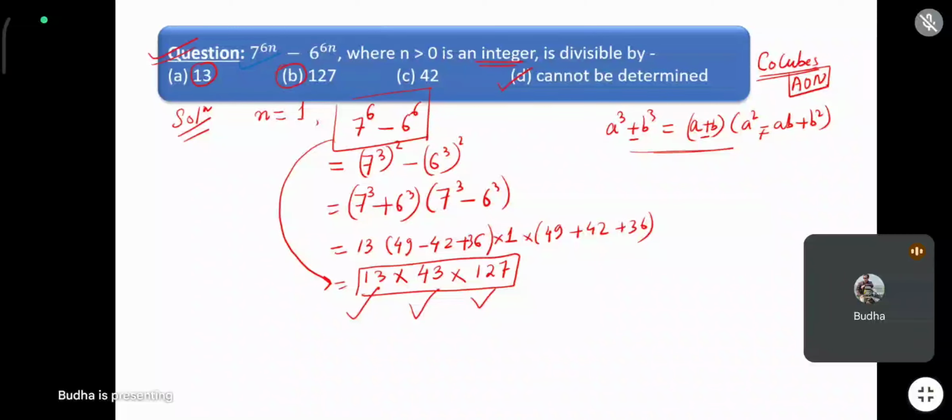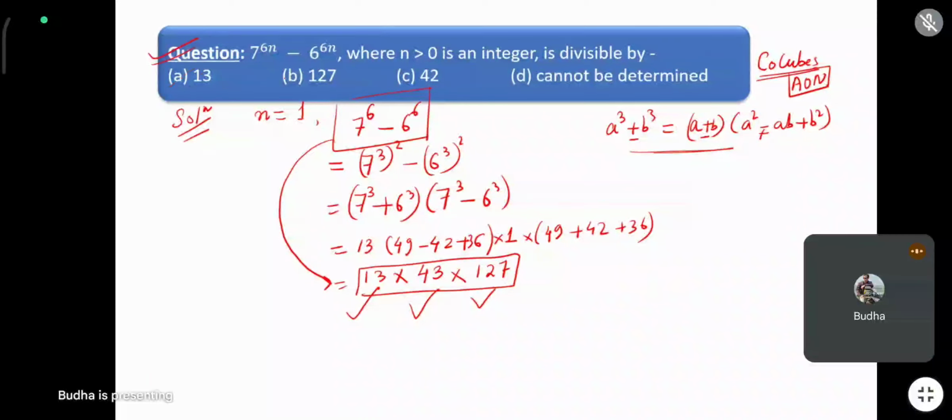Now if the instruction says more than one option may be correct, then you can tick both the options. But if your question says only one option is correct, then you will have to tick cannot be determined. Because if I tick 13 as the answer, that means indirectly I am saying 127 is not the answer, which is incorrect.